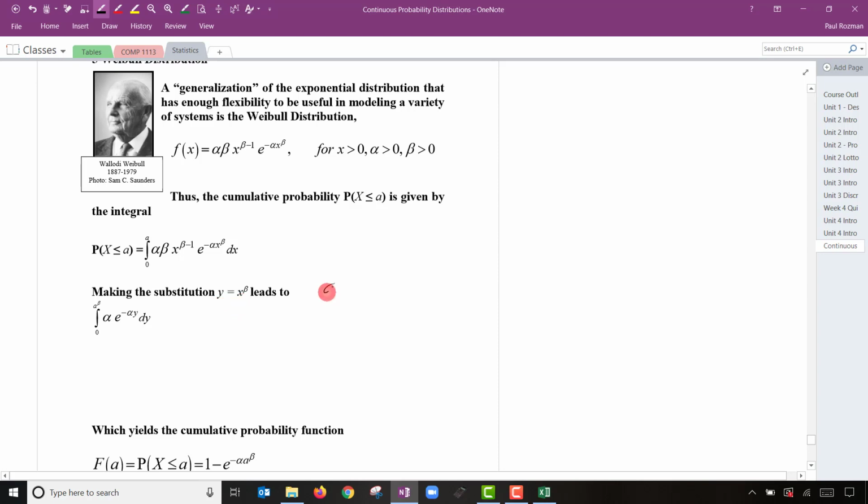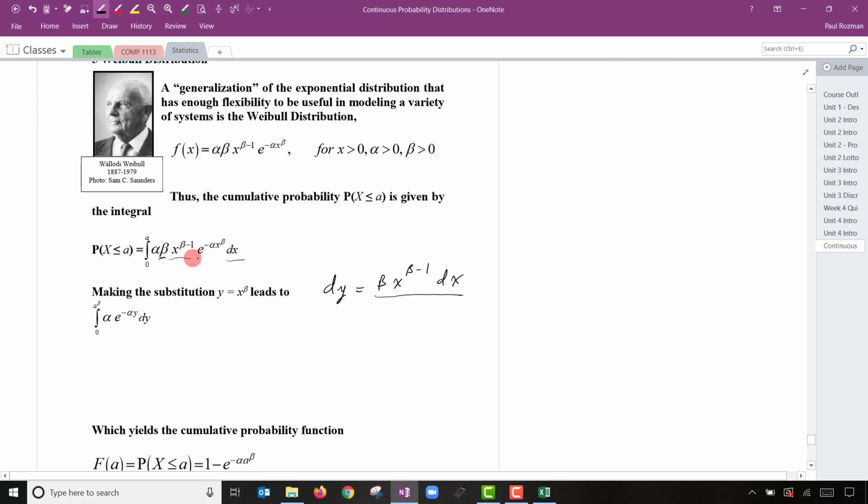So then dy is beta x to the beta minus 1 dx. If we just differentiate both sides of this thing, you'll see that these terms show up in here, the dx, the x to the beta minus 1, and the beta. So we can replace those 3 pieces with dy.